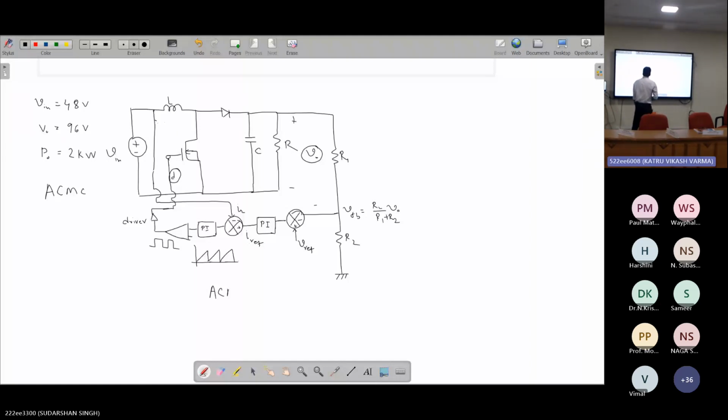Okay. So how to choose this L and C? L and C you can choose depending on your ripple specification.